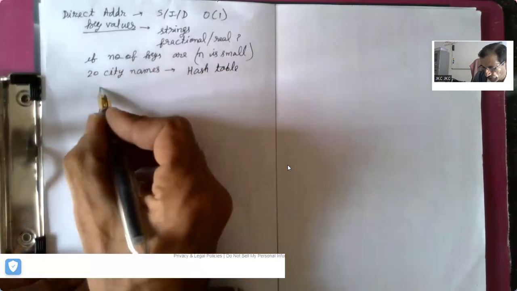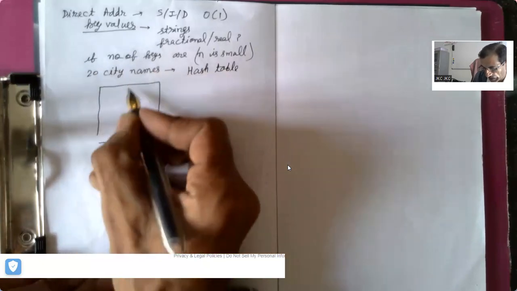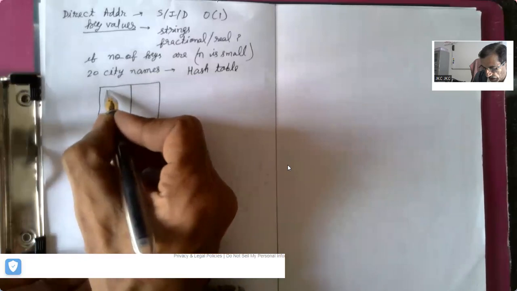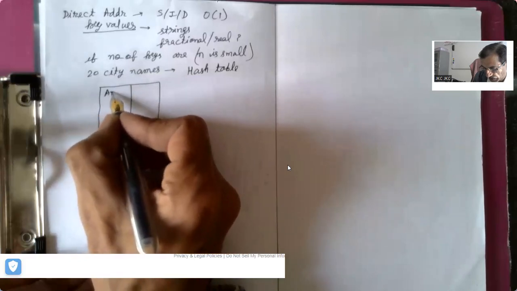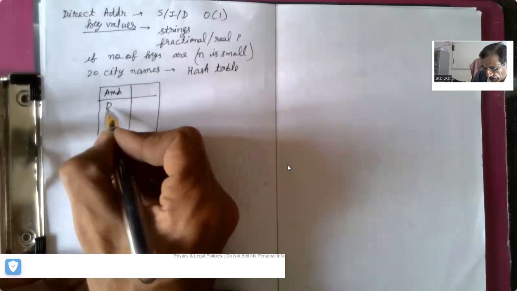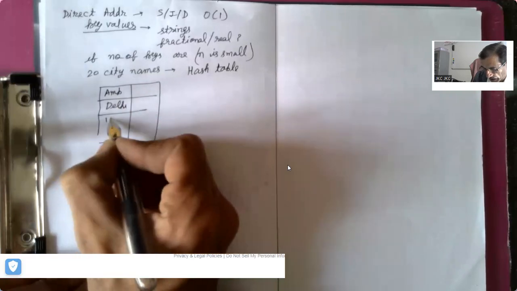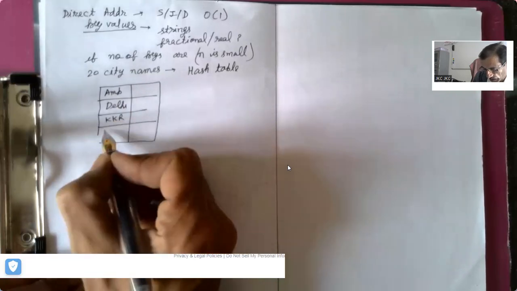Loosely, it's a kind of index page where I have all 20 city names, let's say alphabetically arranged: Ambala, then Delhi, then KKR, Mumbai, and so on.